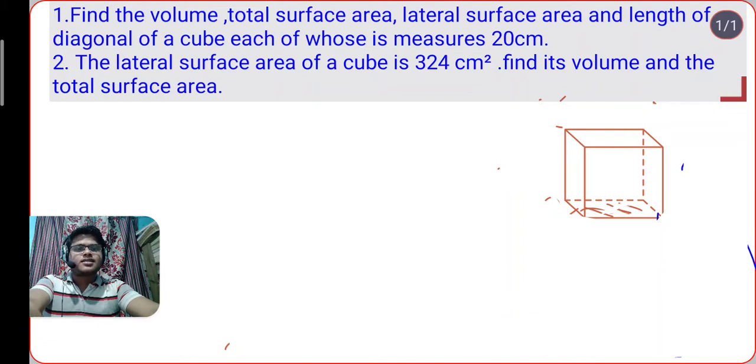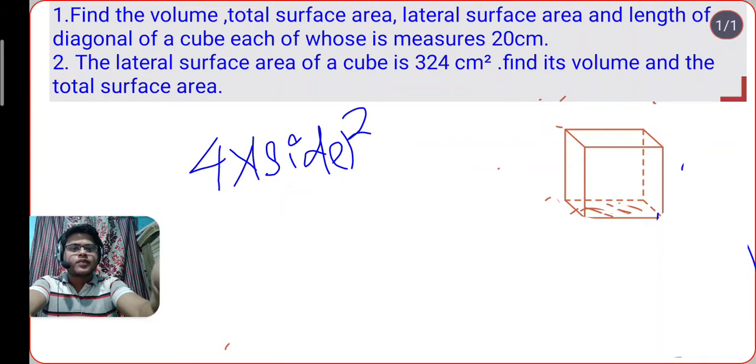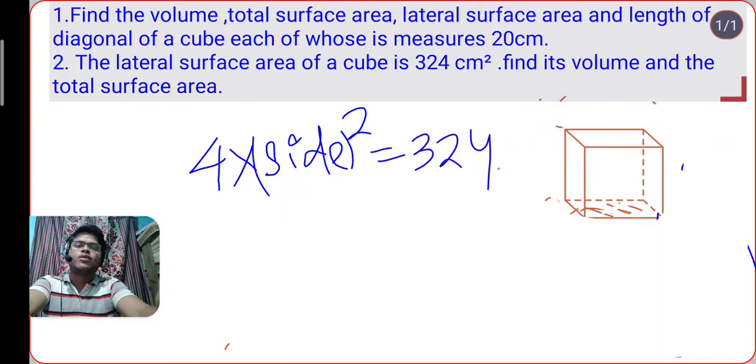The lateral surface area of a cube is given as 324 centimeter square. Lateral surface, so what is the formula here? 4 into side square. According to the question, 4 into side square is 324.